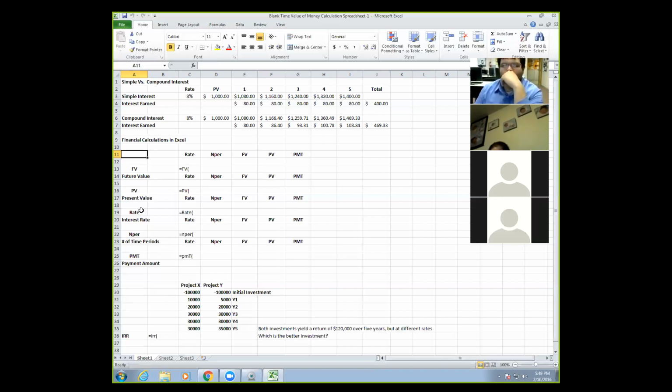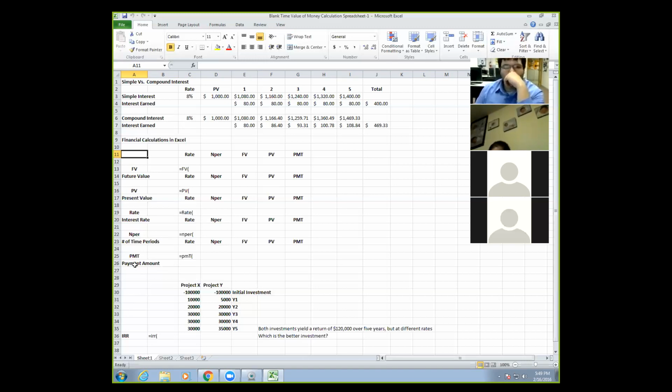Sometimes we'll be calculating what the interest rate would be on a particular investment or loan, and that's just called rate. Sometimes we'll be calculating, say, the number of years that it would take to pay off a loan, and that's called number of time periods, or NPER. These are the FV, PV, rate, NPER. These are all the functions in Excel that we're going to be using. I'll show you how to use them in a second.